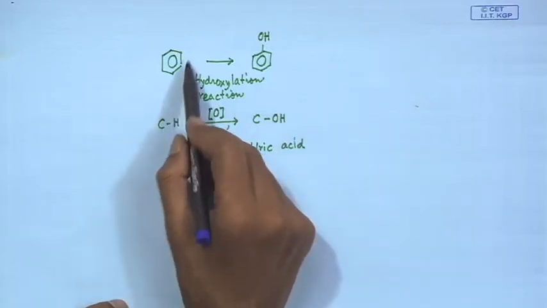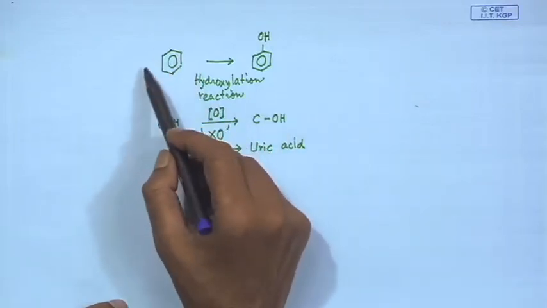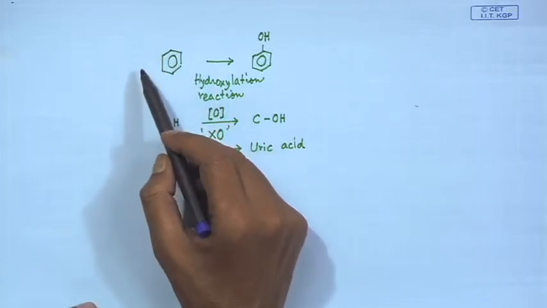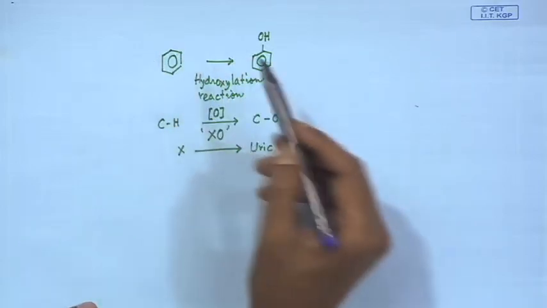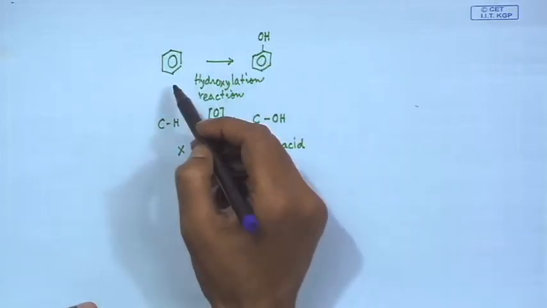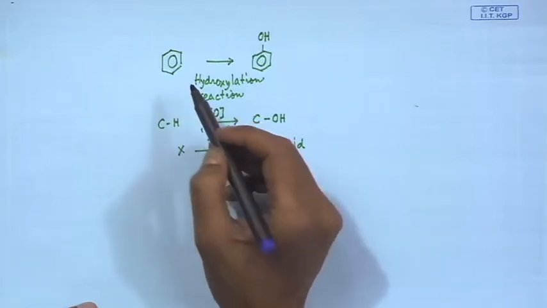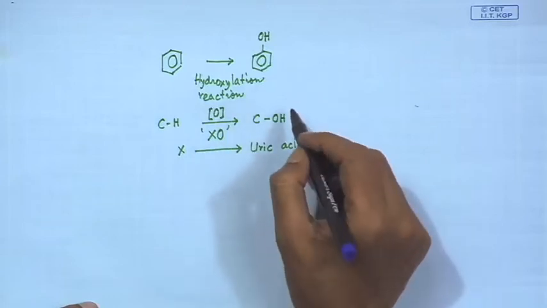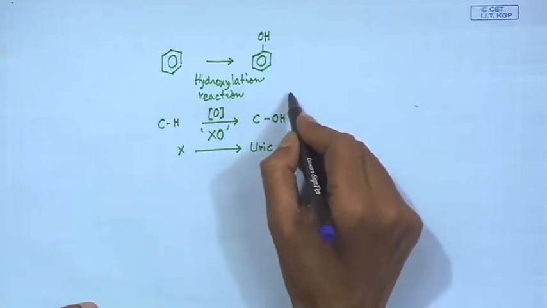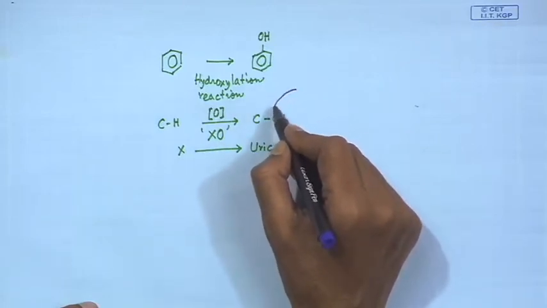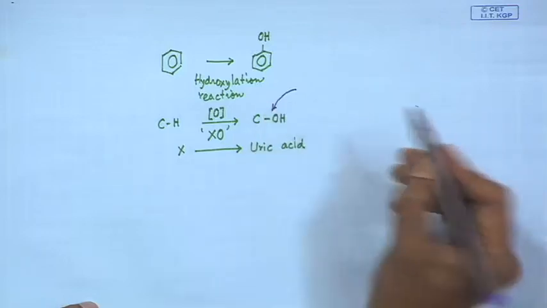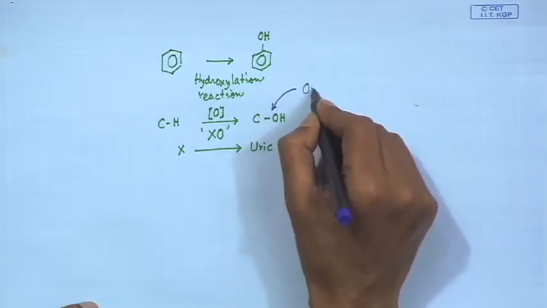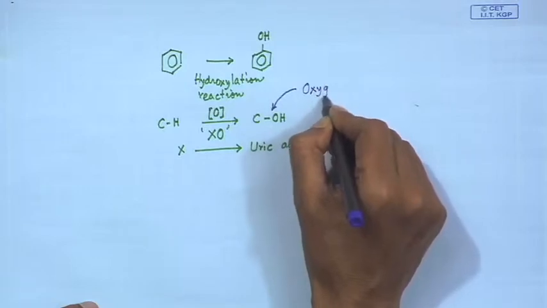It is not like a simple benzene ring where the entire skeleton is made up of carbon-carbon bonds only; here you have carbon-nitrogen bonds as well as carbon-oxygen bonds. So the selectivity of that reaction is a little different, but the typical reaction taking place there is nothing but an oxygen insertion reaction.